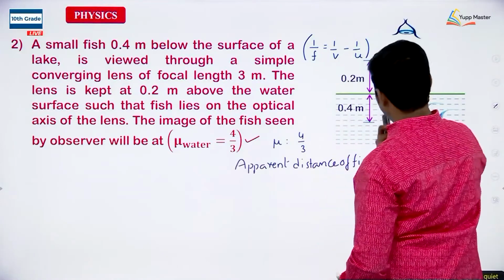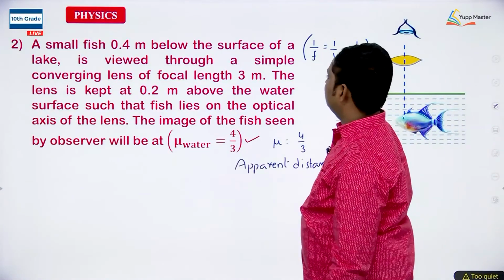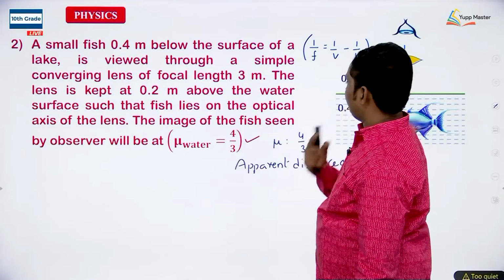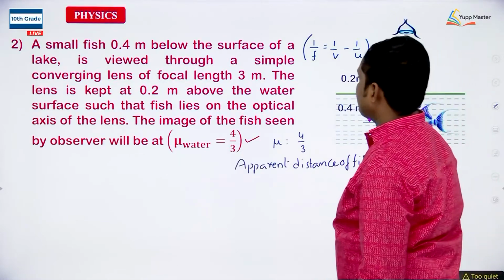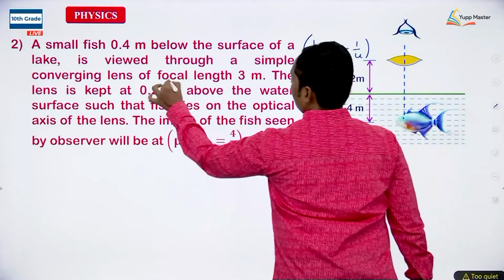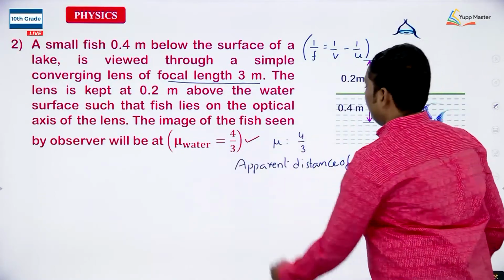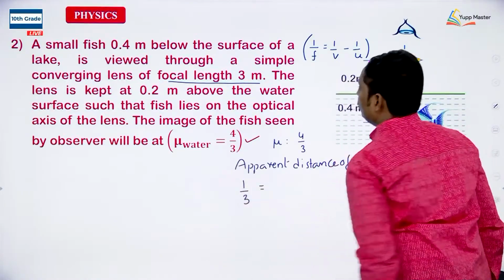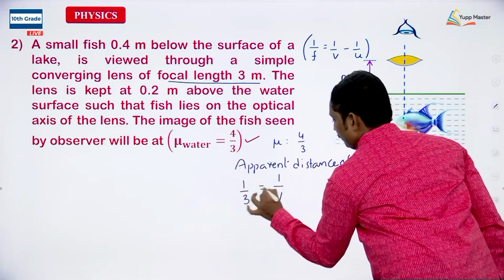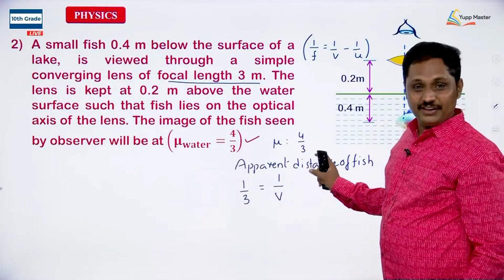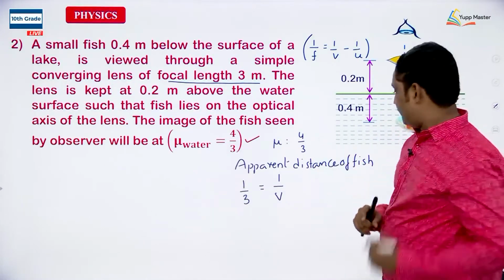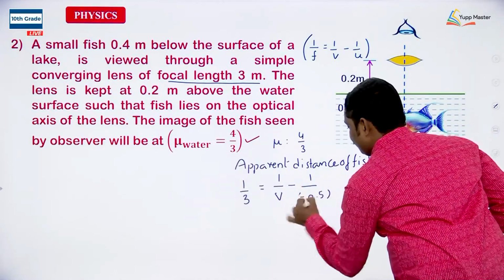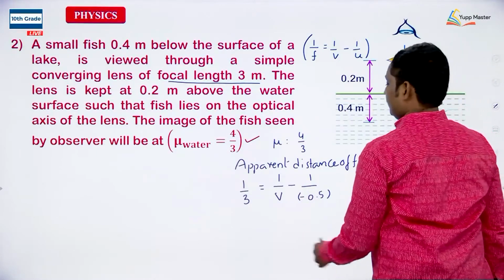You can substitute that, and they have given the focal length. Yes, this is the focal length 3 meter, that is 1 by 3 is equal to 1 by v. You are going to calculate that v image distance, where the image of the fish is going to appear, that is minus of 1 by minus 0.5 meter.